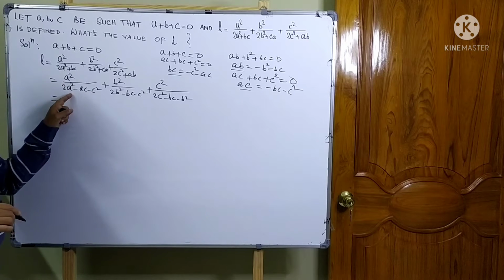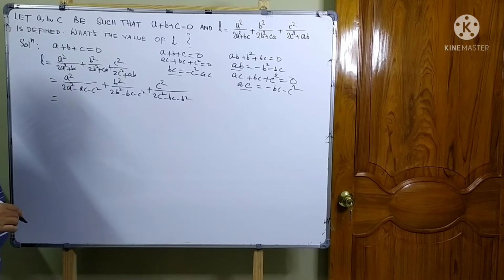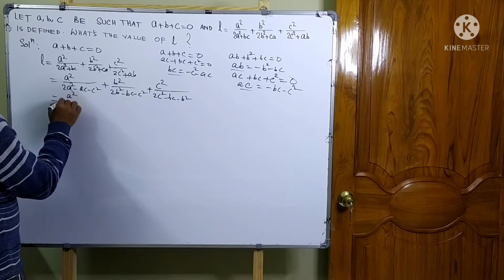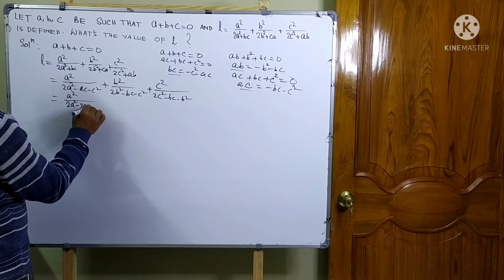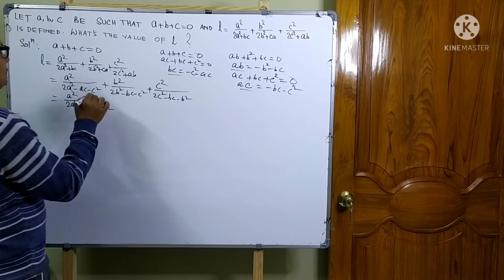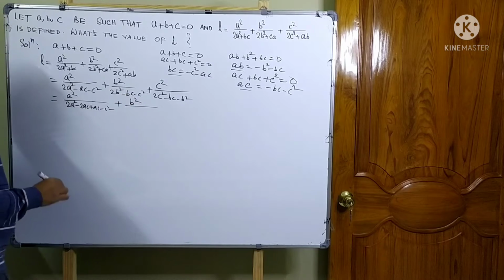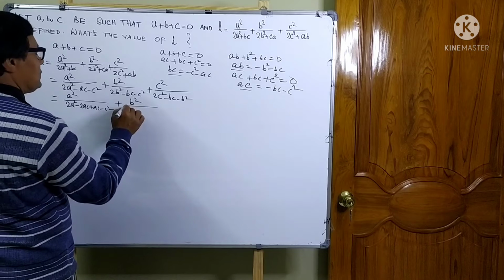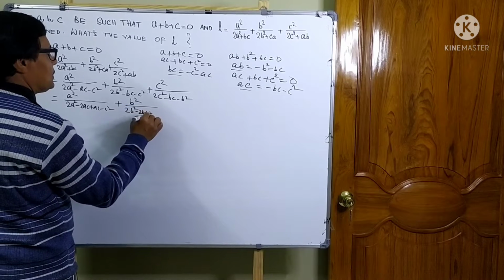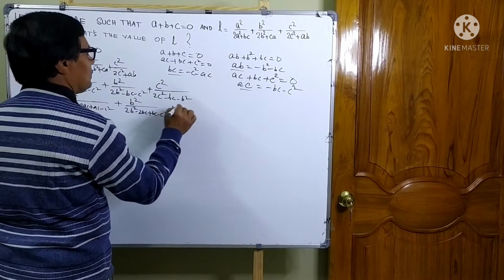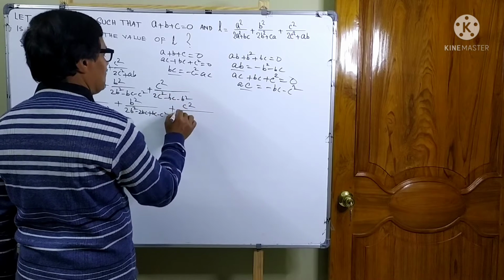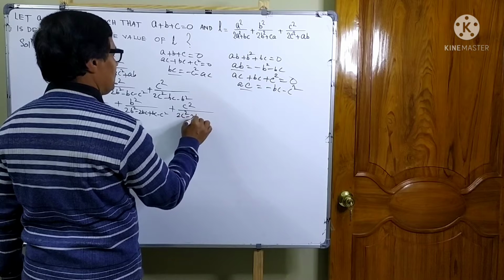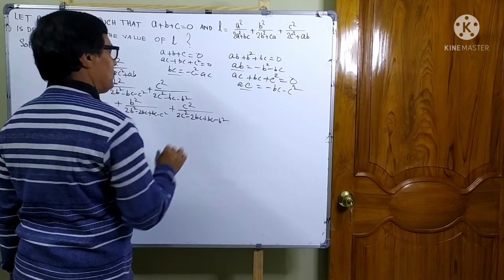The first fraction is a² over 2a² minus ac minus c², which can be written as 2a² minus 2ac plus ac minus c². The denominator of the second fraction is 2b² minus 2bc plus bc minus c², and the denominator of the third fraction can be written as 2c² minus 2bc plus bc minus b².